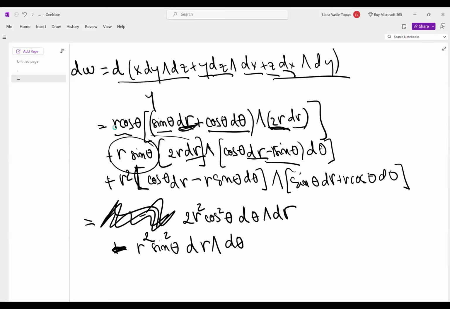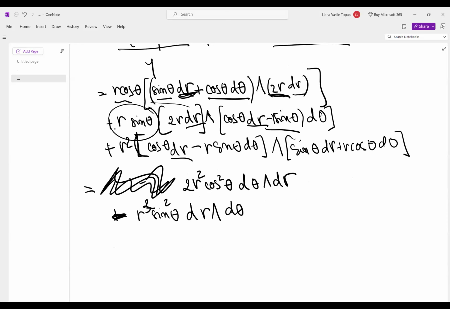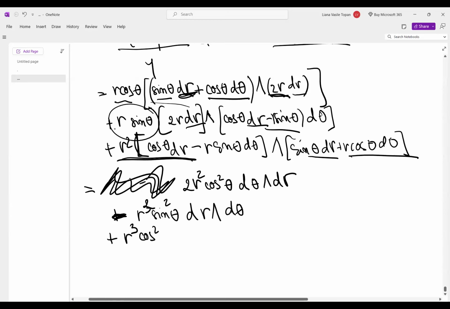Now I have an r here, so this is r cube. Then coming to the last one, dr wedge dr there's nothing, so I'm taking this with this. I have r cube cosine times cosine, that's cosine squared of theta dr wedge d theta.